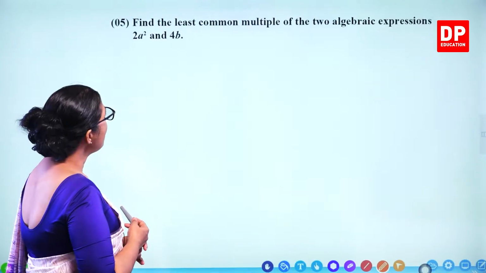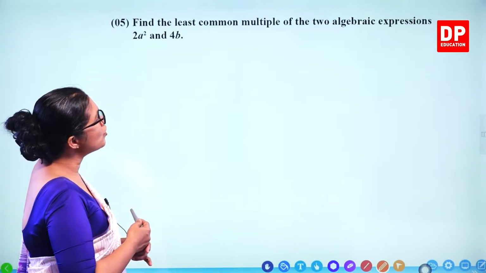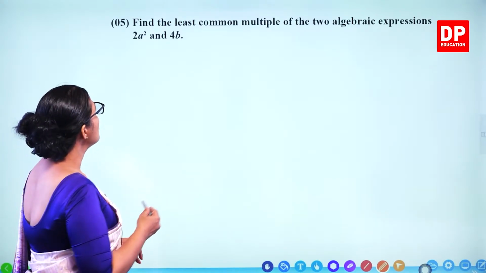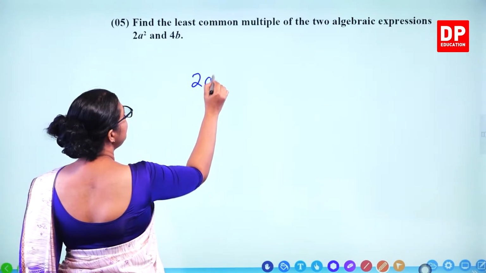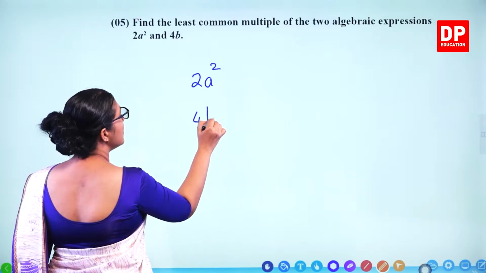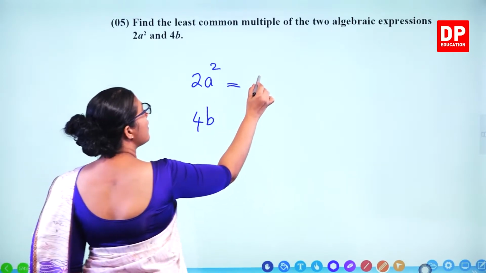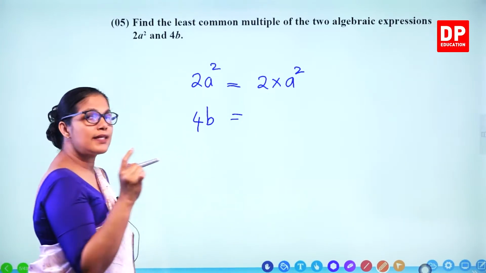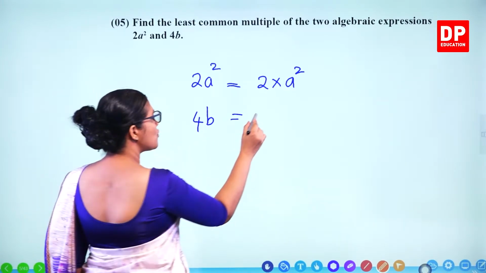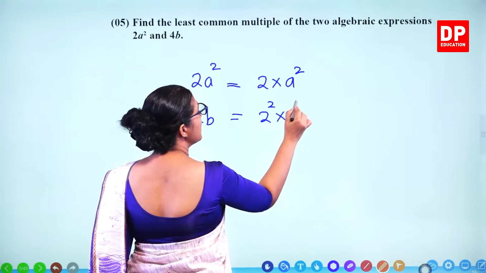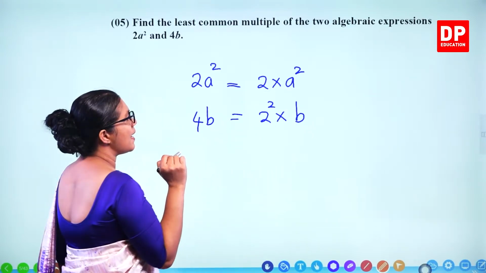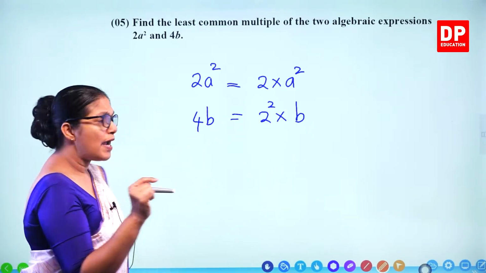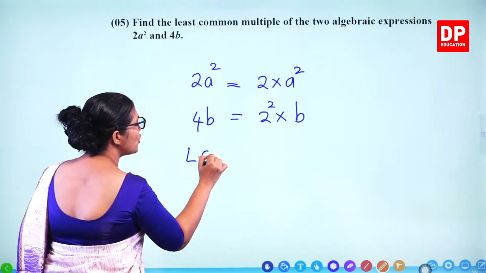Question number 5. Find the least common multiple of the two algebraic expressions 2a squared and 4b. So 2a squared you can write 2 times a squared. 4 how can you write? 2 squared, 2 times 2. So 2 squared into b because b is there. Now when you want to find out the lowest common multiple, what you do?